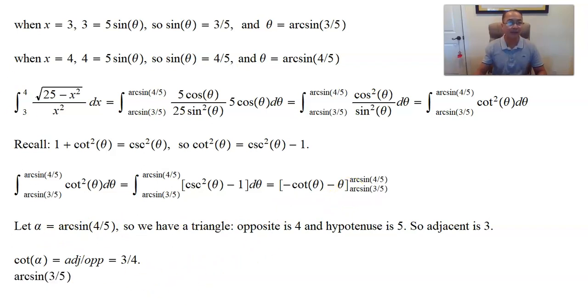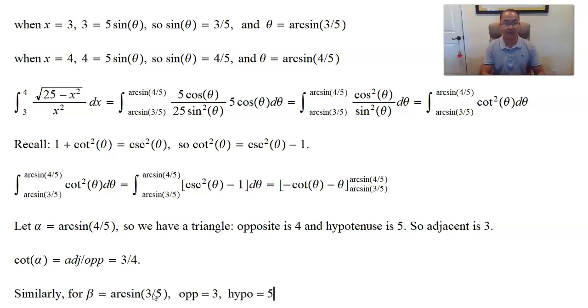Oops, sorry about that. Edit, undo, paste. I hate it when I do that. So arc sine 3/5, opposite is 3, hypotenuse also 5, and adjacent equals 4. So cotangent beta is adjacent over opposite, so 4 over 3. It's the reciprocal.